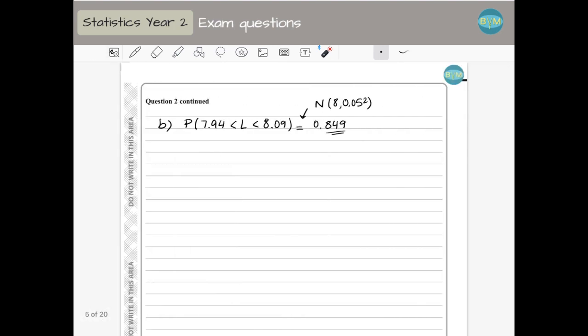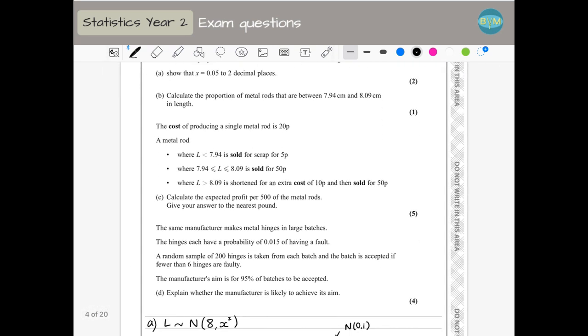The profit will be the income minus the cost. The total income is going to be the number of rods smaller than 7.94 multiplied by 5p, the number of rods here multiplied by 50, and the number of rods here multiplied by 50. That's the income. And then the cost is going to be my 500 rods multiplied by 20p plus what it costs me to reduce the size of these ones.